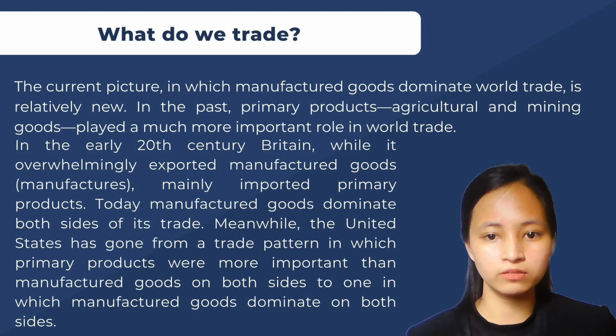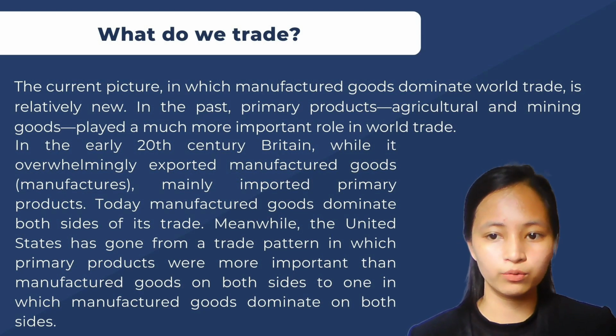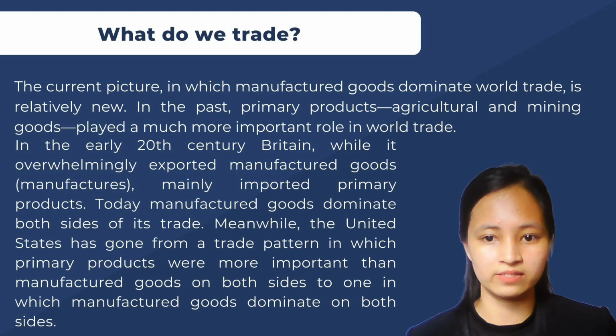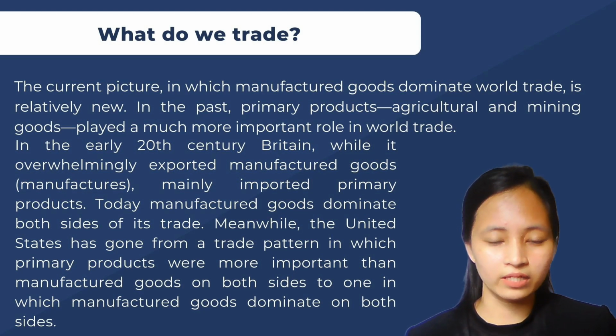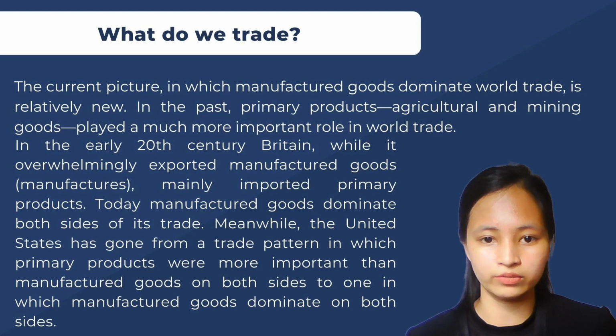Today, manufactured goods dominate both sides of its trade. Meanwhile, the United States has gone from a trade pattern in which primary products were more important than manufactured goods on both sides to one in which manufactured goods dominate on both sides. United States products are being patronized more than primary products or needs because of technology.